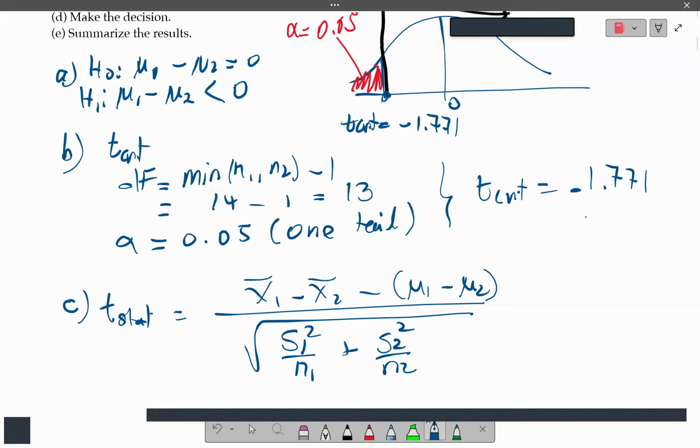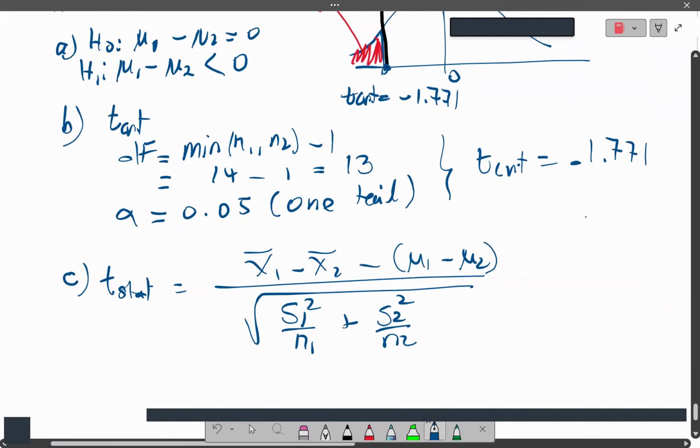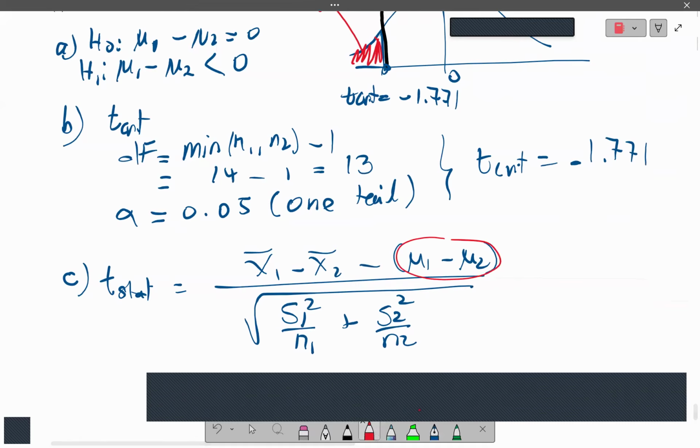You need to know that I am comparing two means. Be careful about this one because this is the problem. Some people see it in the formula and they don't know this is 0. How do I know 0? Because that's my hypothesis, H0. Do you see it there? Mu1 minus mu2 is 0.